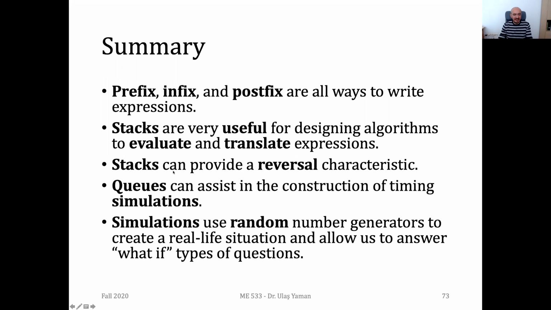And I mentioned that the queues are highly useful for simulations. So you can check what happens if you have such a property with your printer, with another machine, another system. You change the variables and see the output, and in these simulations, you can easily use the queues.